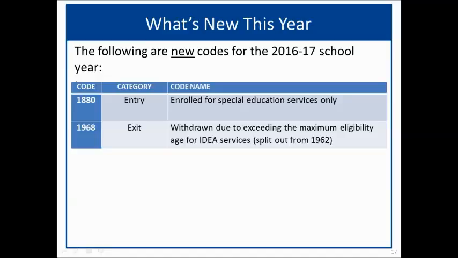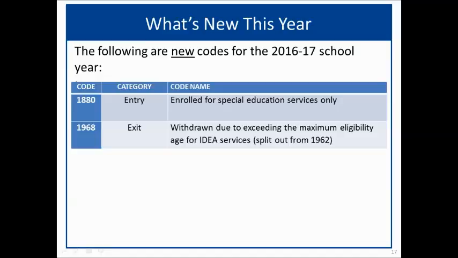And then we have a new exit code, 1968, which is withdrawn due to exceeding the maximum eligibility age for IDEA services. This is split out from 1962. We want to make the distinction about the max age for students who are receiving special education services.